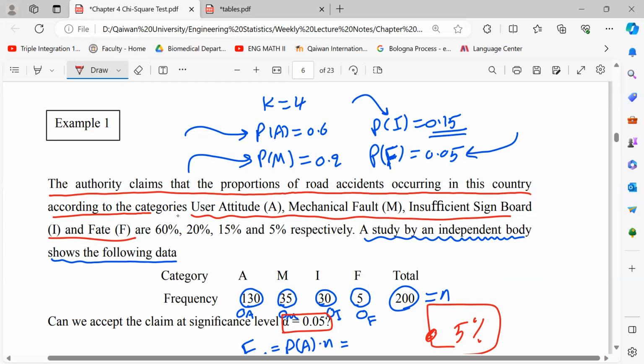H0 is the hypothesis that the car accidents are all according to these 4 things. What's the alternative hypothesis, or H1? H1 is that the car accidents are not all according to these 4 things.